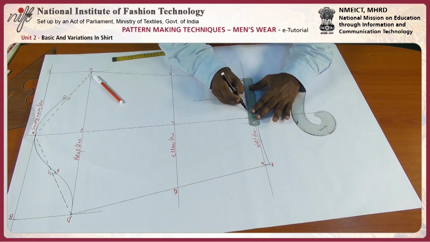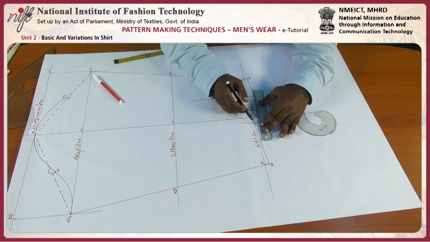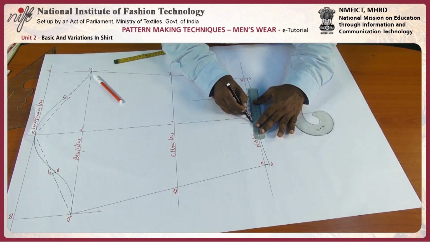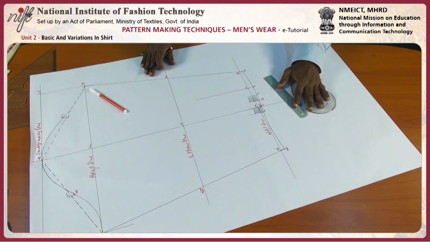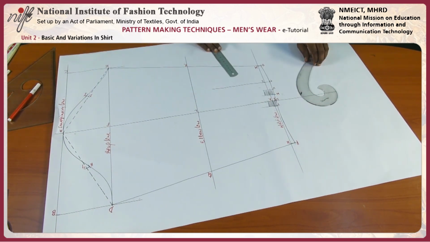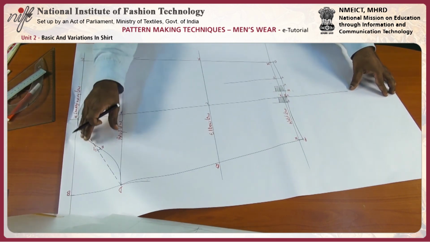This can be shaded like this so that the shades indicate the pleat allowance, which can also be shown with direction.